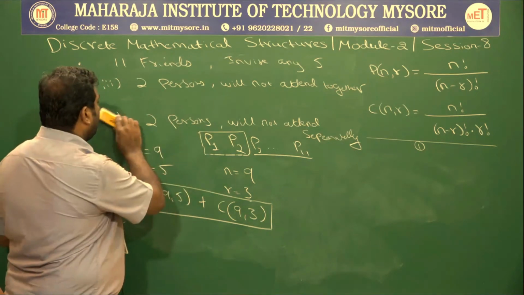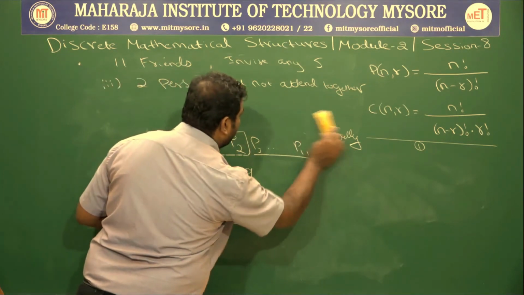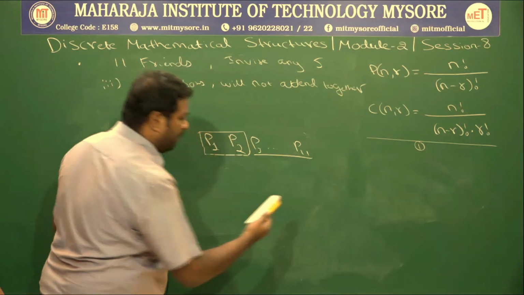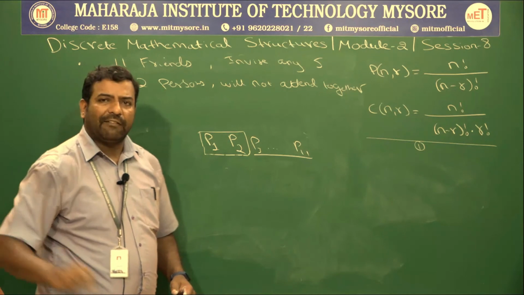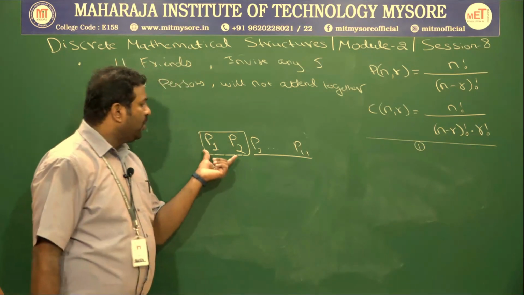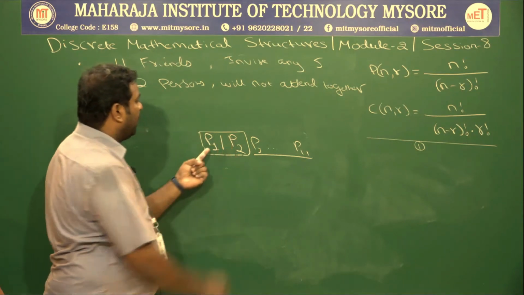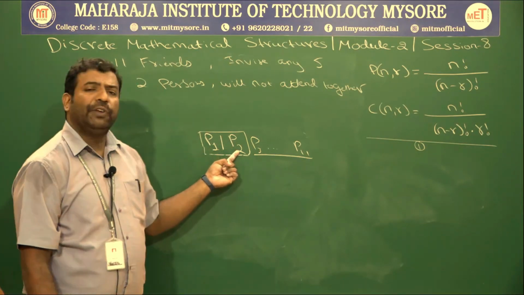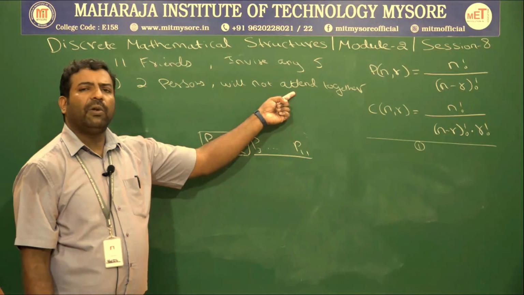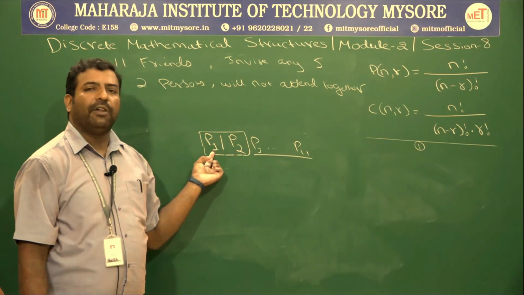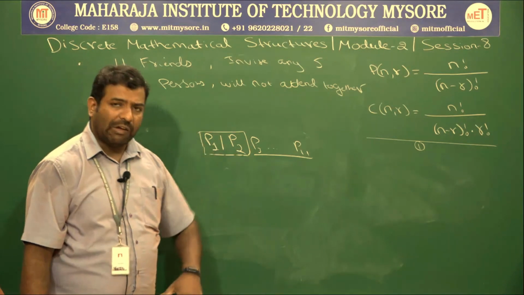Let me remove this restriction now. So now I am going to have 11 persons. Out of these 11 persons, if person 1 attends, person 2 will not attend, because they will not attend together. If person 2 attends, person 1 will not attend. So now how many choices have I got?